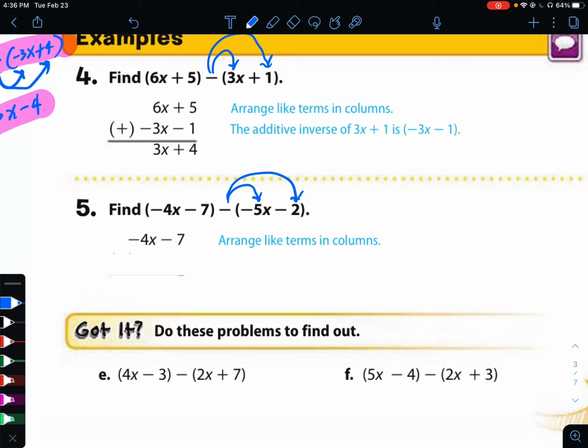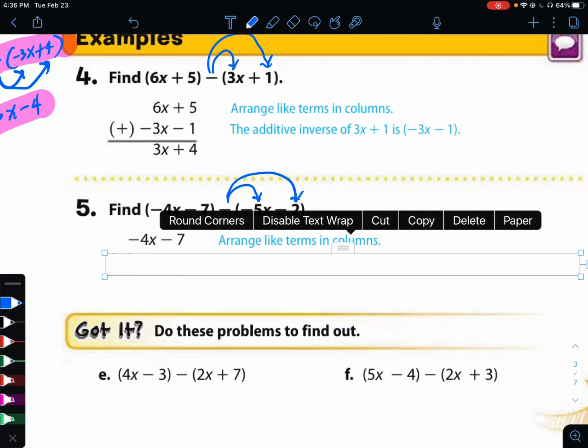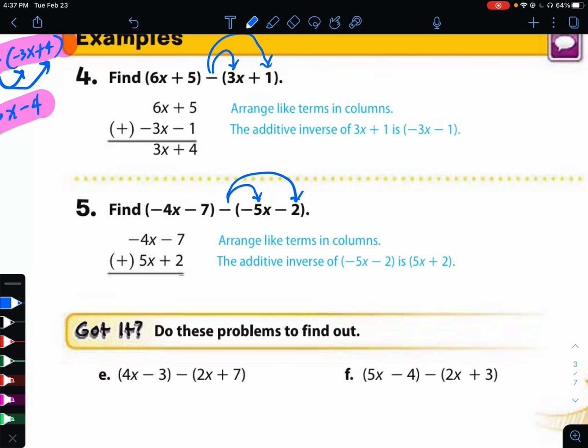We don't change that. Now the additive inverse of 5x minus 2, after we distribute the negative 1, becomes negative 5x, and negative times negative is positive, so it's negative 5x plus 2.